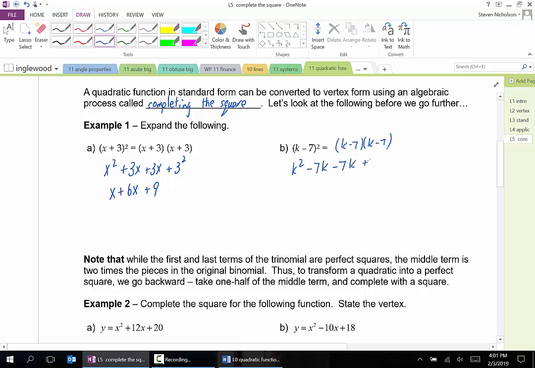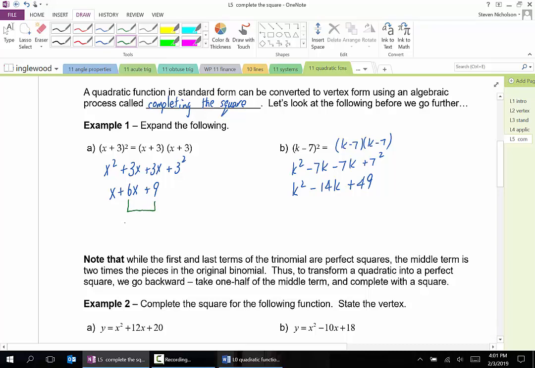Again, a negative times a negative is positive, so there's our 7 squared, and we get k^2 - 14k + 49. And perfect squares have a really nice relationship, and it looks like this.